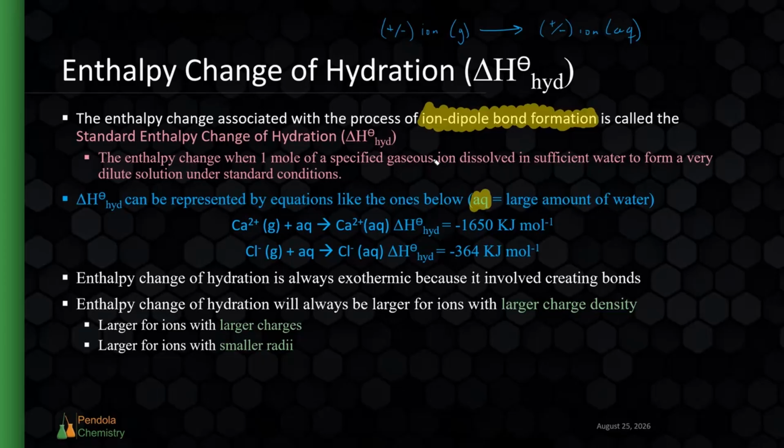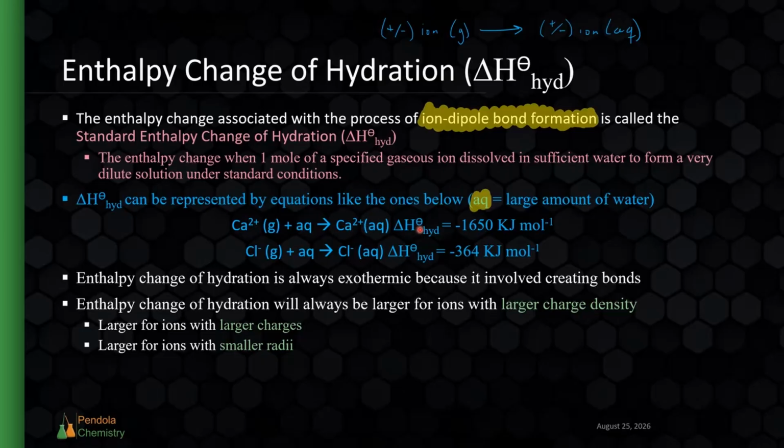So, when we grab this ion, we'll use calcium for example, we can have the calcium ion in the gas state react with aqueous, which again means enough water to form a solution, so not reacting with water, but dissolving in it. So the ion in the gas state dissolves in water and forms the aqueous ion.